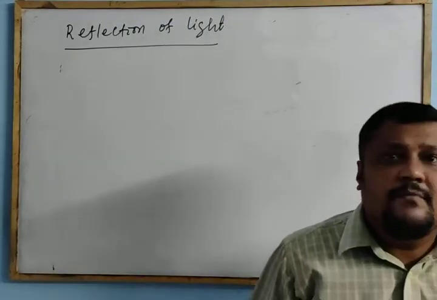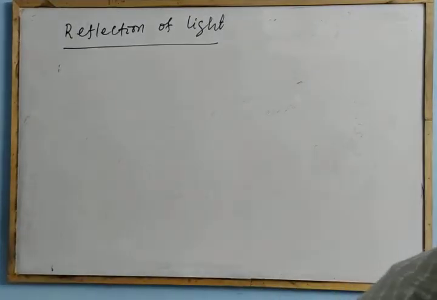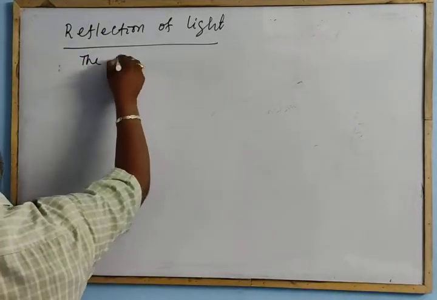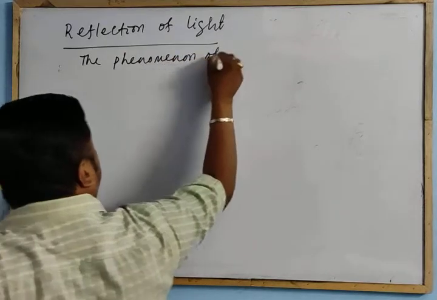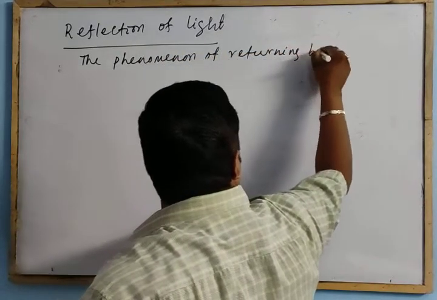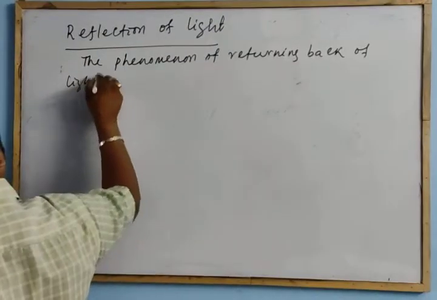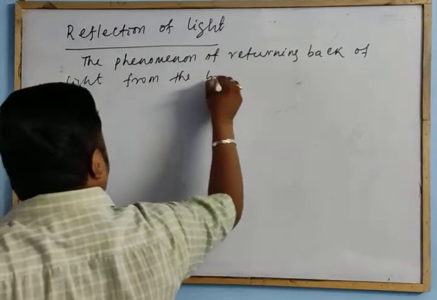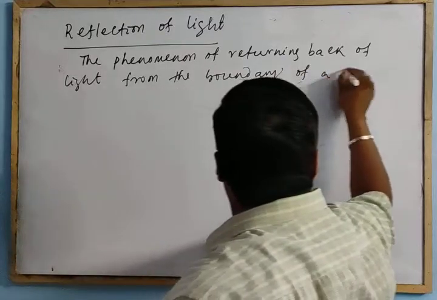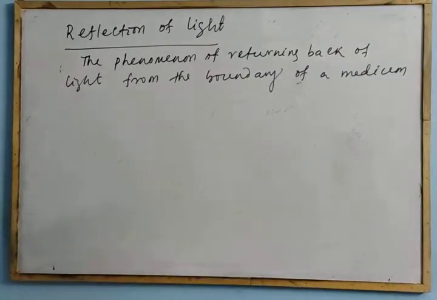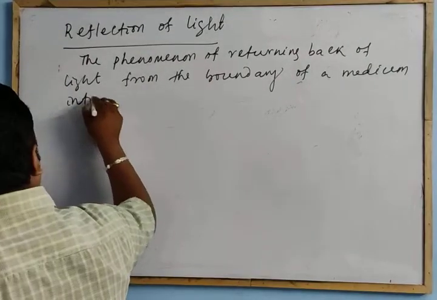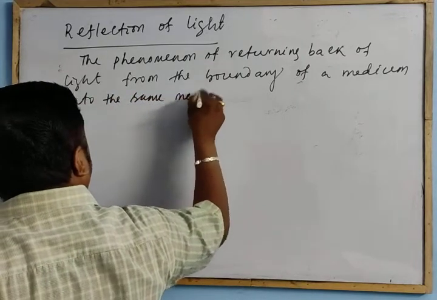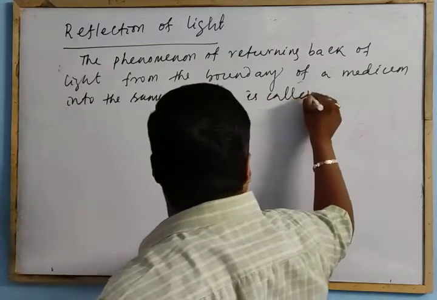The phenomenon of returning back of light from the boundary of a medium, or an object, or from a surface, into the same medium is called reflection.